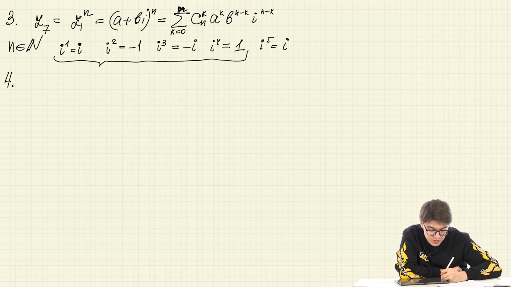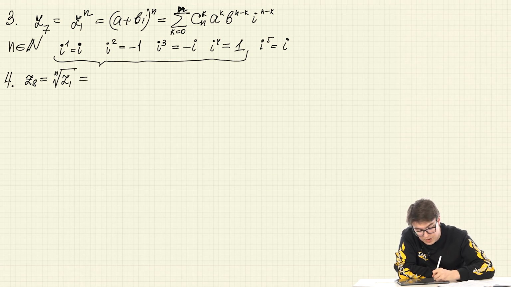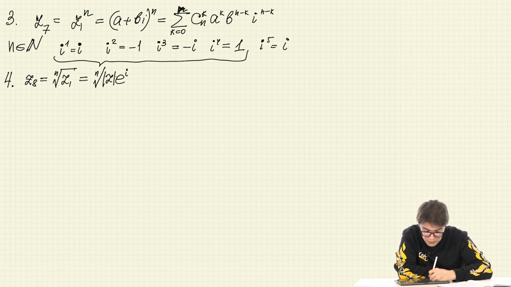If one wants to understand what is the root of z1, he or she can write the following expression: the absolute value of z multiplied by the exponent of i phi, yeah.